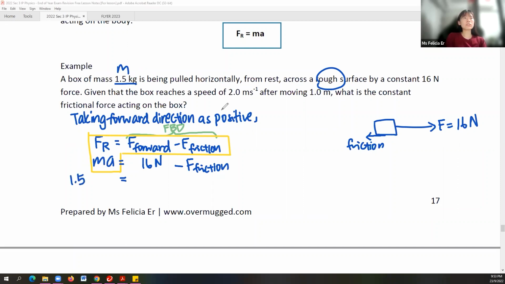For the acceleration, they say that from rest, they reach a speed of 2. So to know the acceleration, this time around we need to draw the graph. Since they reach a speed of 2, the highest speed you will reach is 2.0.